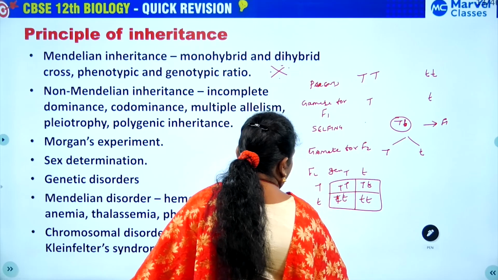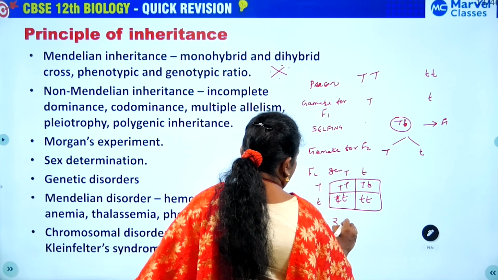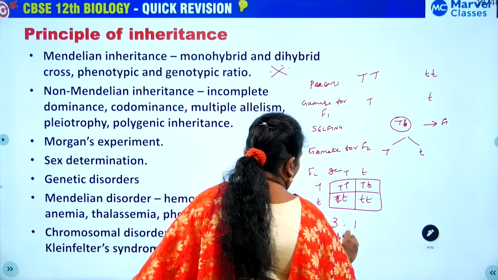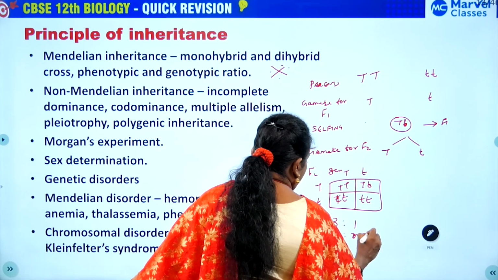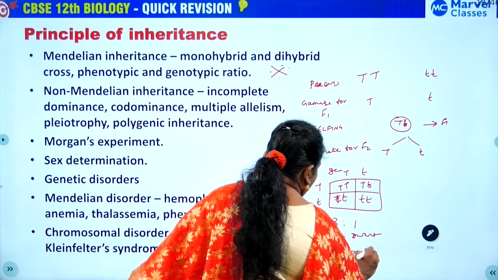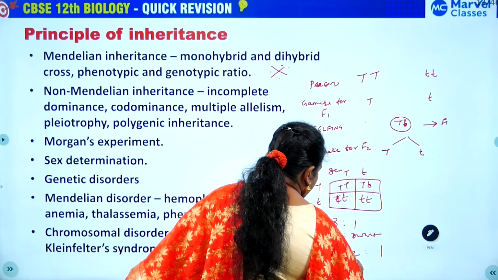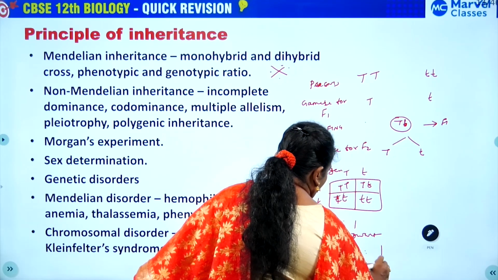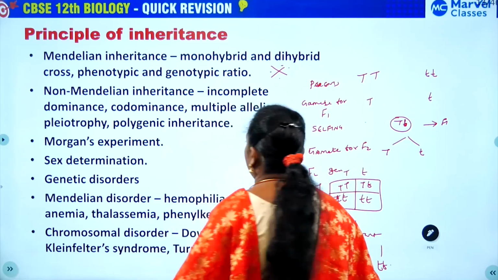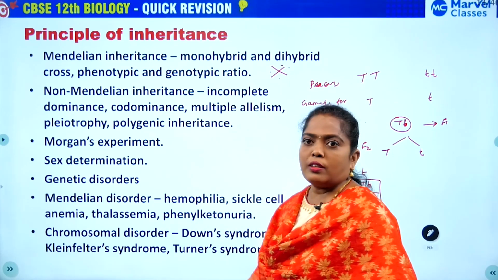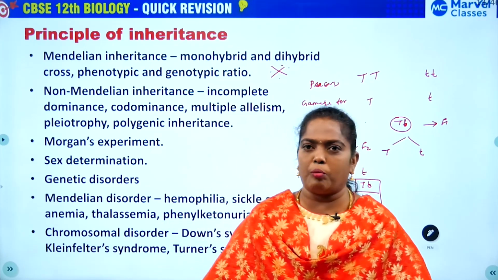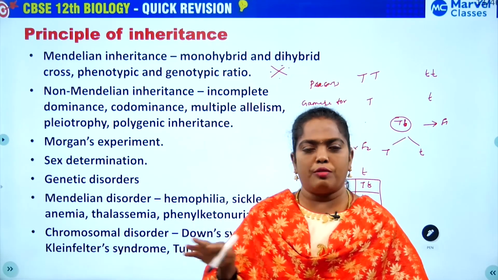Then write the phenotypic ratio 3:1, 3 tall, 1 dwarf. Then finally the genotypic ratio 1:2:1, capital T capital T, capital T small t, small t small t. So like that you have to write everything in steps. Then I tried to explain it for both monohybrid and dihybrid crosses, the ratios, everything.